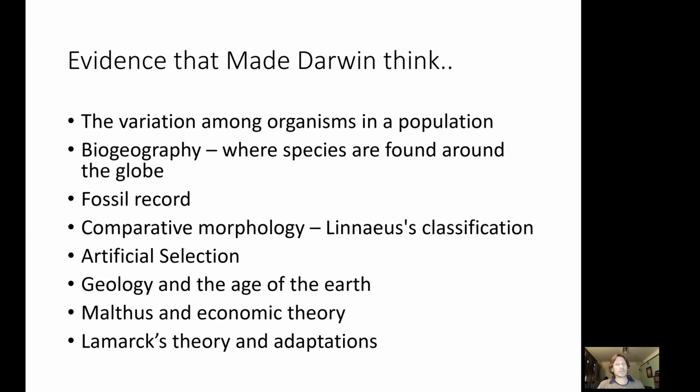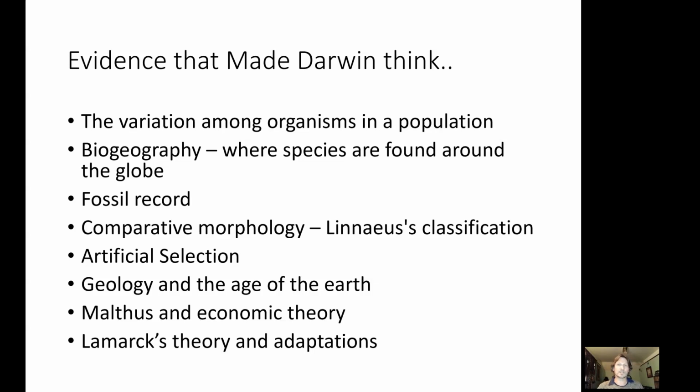Artificial selection. Darwin was from a well-to-do family, and he purchased a farm, and on it he would select different varieties of plants that would grow in the area. He also took up a hobby of breeding pigeons, in part to give an example of how artificial selection can modify species, right? So he knew about that.